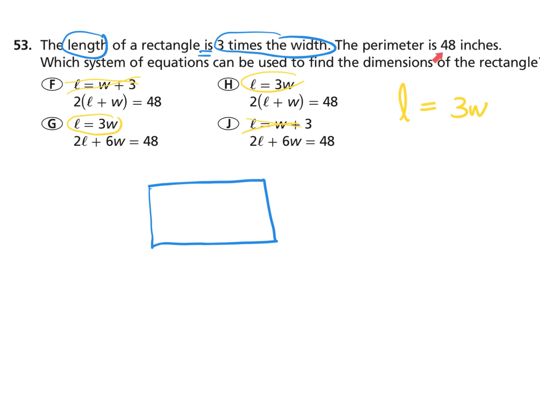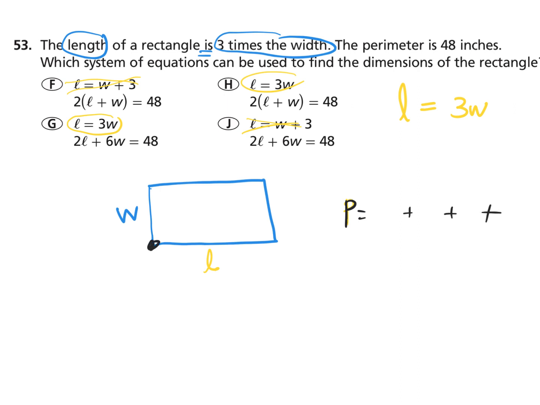Now the perimeter is 48. In our picture, let's suppose that this is our width and this is our length. We know that the perimeter is a distance all the way around, so we're going to add up.